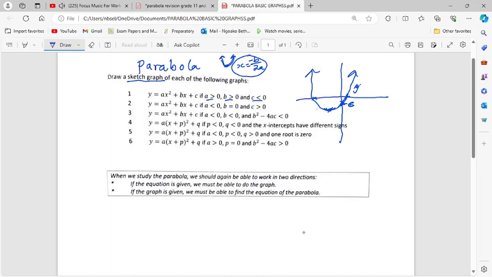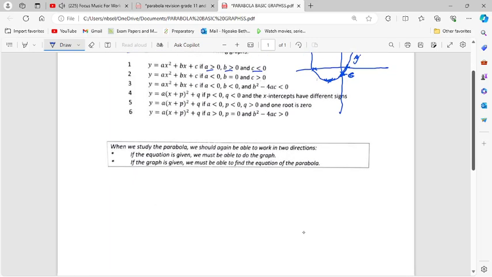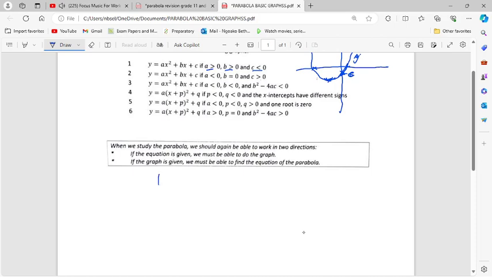Right, now let's make some space here and check the second one. Let's put it here. So number 2. Now let's say y equals ax squared plus bx plus c. If a is negative, then this will be the shape, concave down.